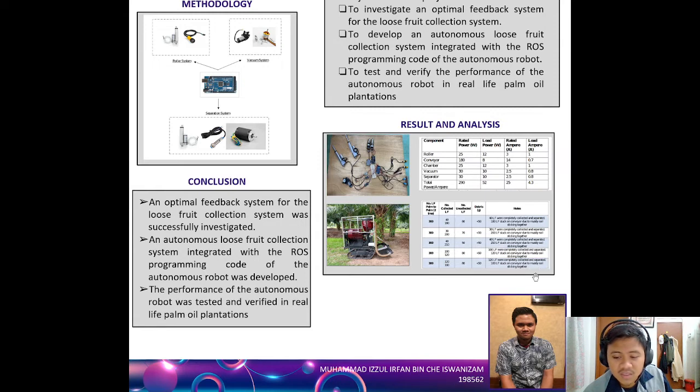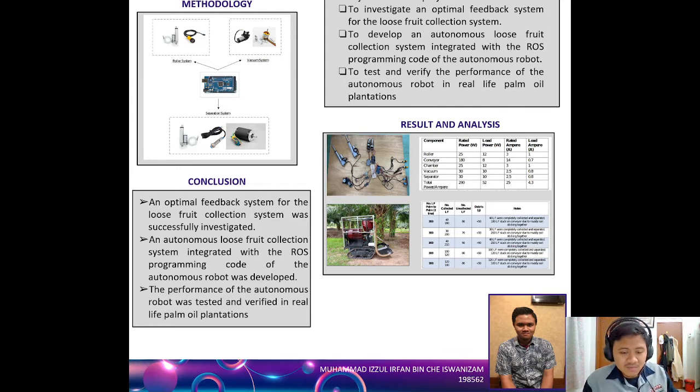This muddy soil is caused by the rainy weather prior to the testing day, and this causes the soil in our palm plantations to turn muddy and not a good environment for testing our system.